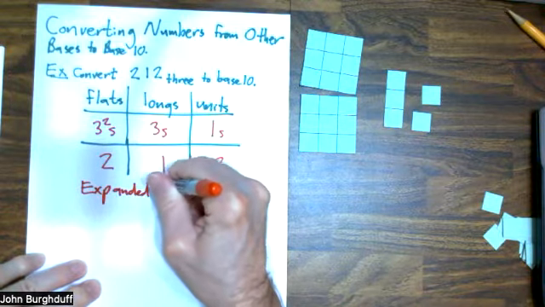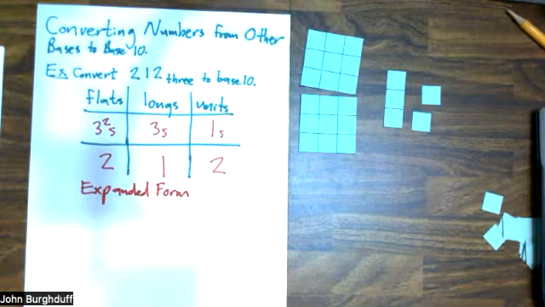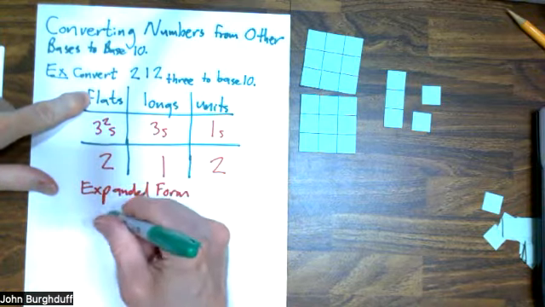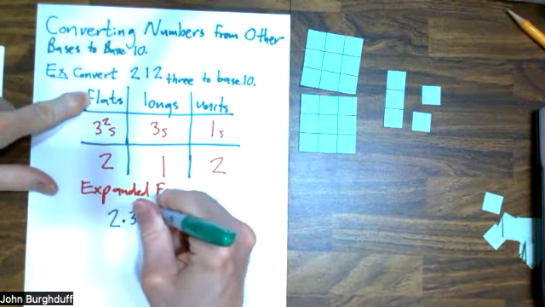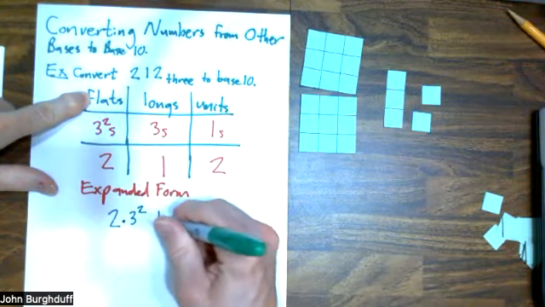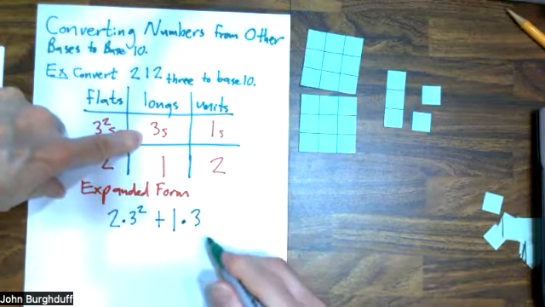Remember, we talked about that with base 10, how we looked at each place value as representing a power of 10. Well, in base 3, each place value represents a power of 3. So when I say I have 2 flats, I mean that I have 2 3 squareds. So I can say 2 times 3 squared. 1 long means I have 1 3, 1 times 3.